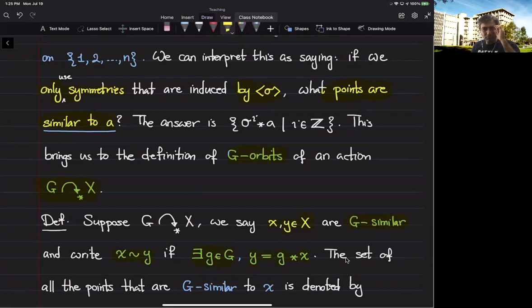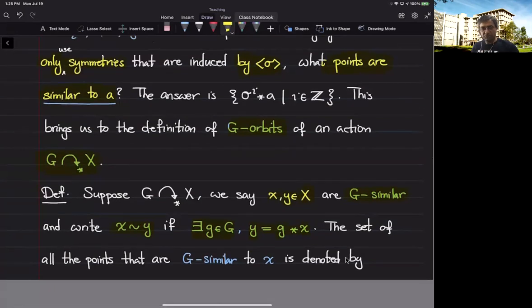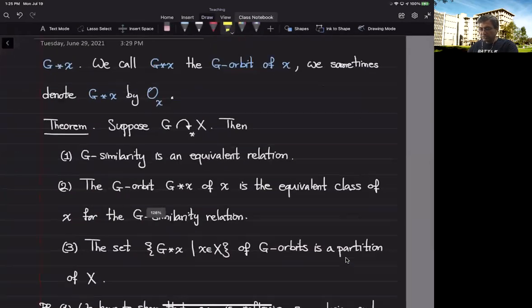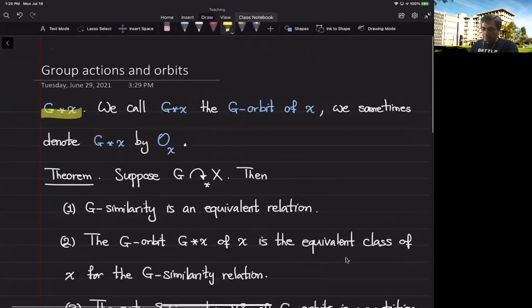If I can reach the point Y, I say that Y is G-similar to X. Now the set of all the points that are G-similar to X is denoted by G star X. So this is the set of all the points that are G-similar to X. And we also call this set the G-orbit of the point X. Sometimes we write it as O sub X, O standing for orbit.